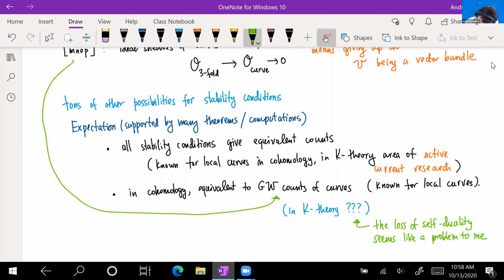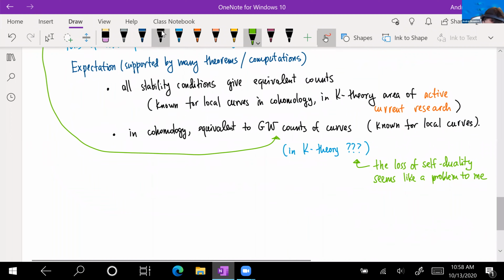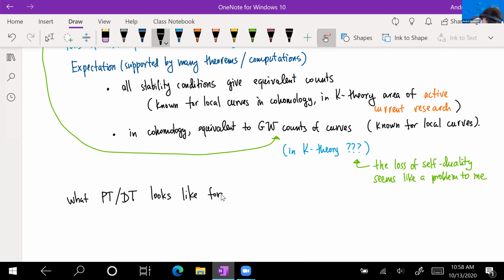So maybe I'll come back to that. And so what does PT versus DT look like for C1 instead of C2?